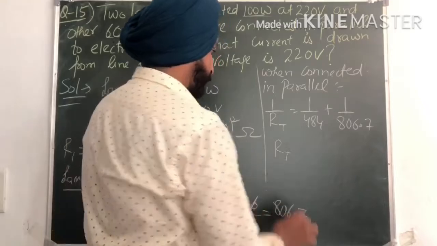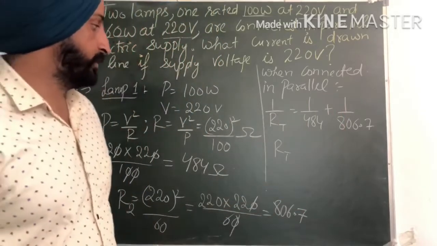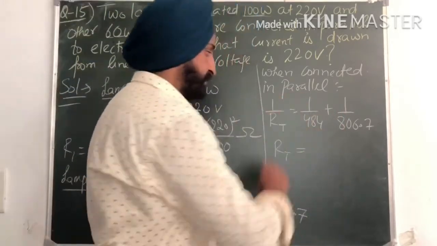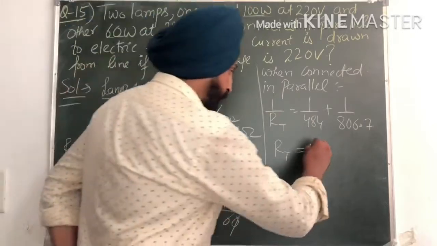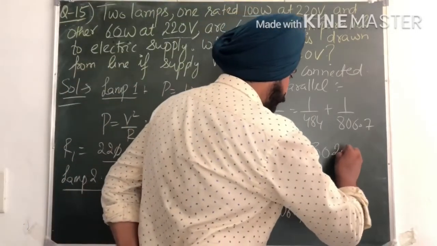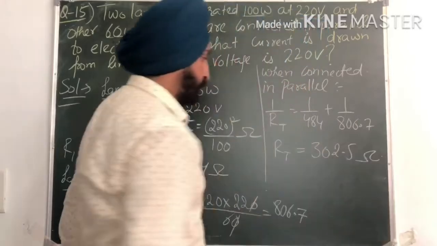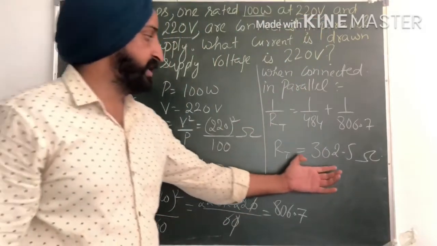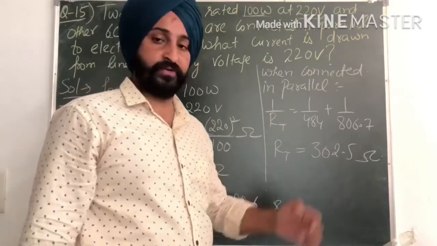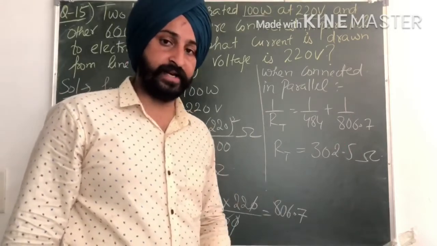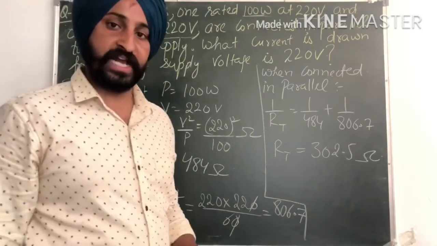From here, by solving this equation, I will be getting the net resistance equal to 302.5 ohm. So the net resistance of this circuit will be 302.5 ohm when these two lamps are connected in parallel. Now we just need to calculate the current.